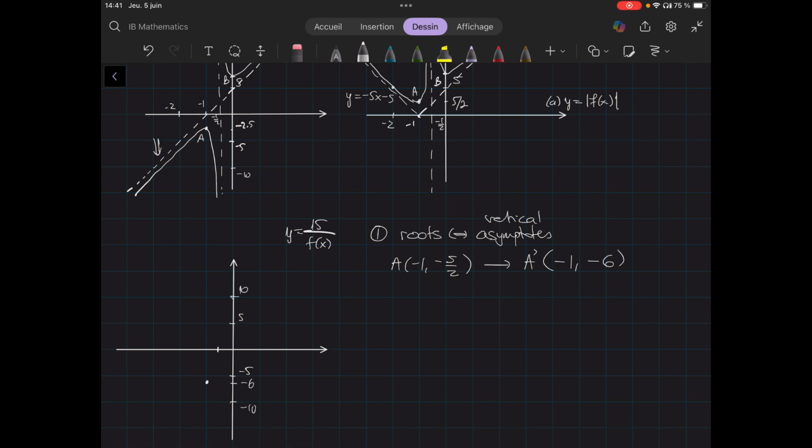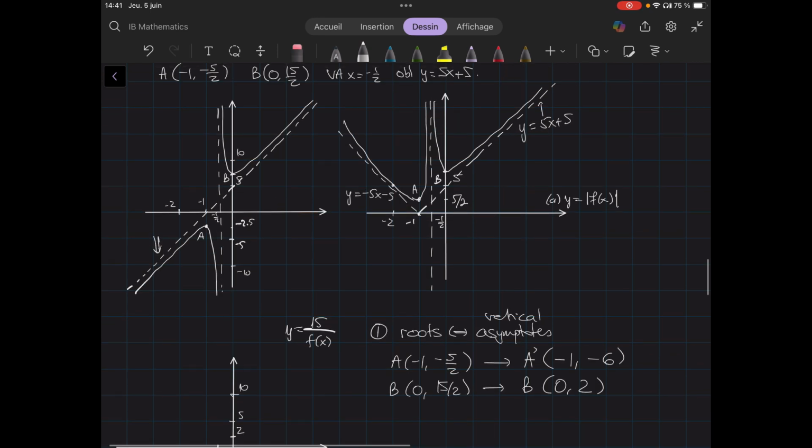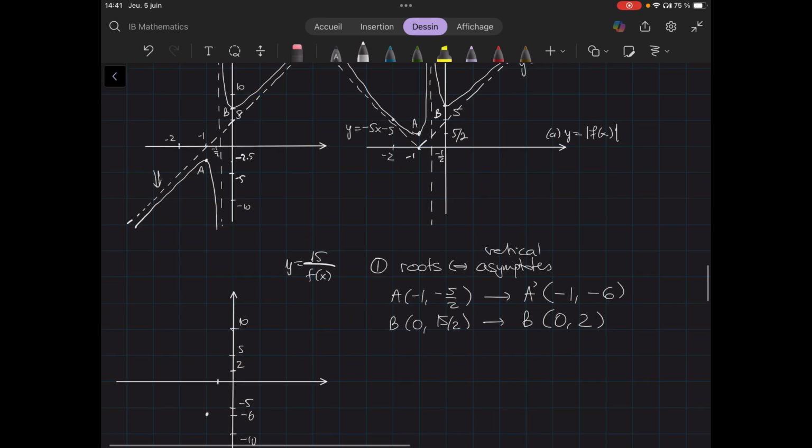What else? Point B was 0 and 15/2. Now it becomes 0 and 2. What else do we have to pay attention to? Okay, now we can basically finish off the sketch then.